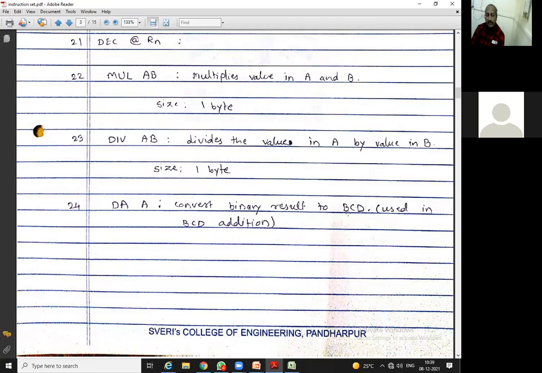A fixed hex code is assigned to each, unique, and that we insert into the controller. Because the controller does not know MUL, DIV, DEC, INC. It only identifies the instruction from the hex code, and the hex code is then converted into binary. That is, if it is F0, it stands for 11110000, converted into 8 bits, and passed to the controller or the hardware and the program which is stored in the ROM.